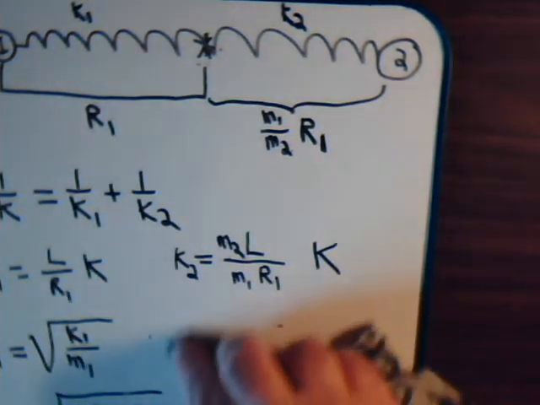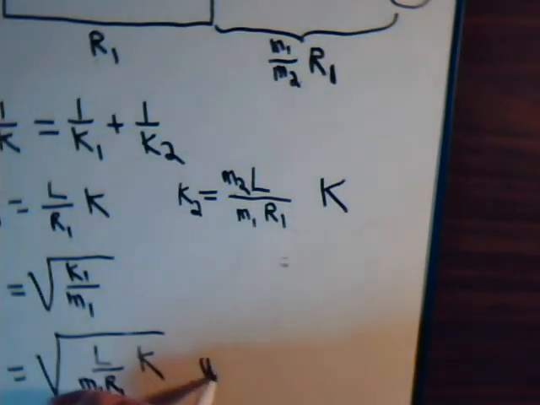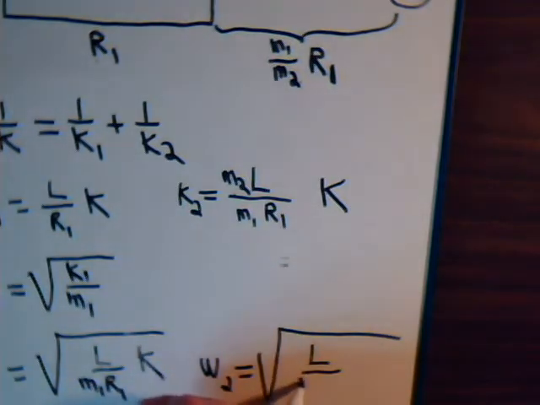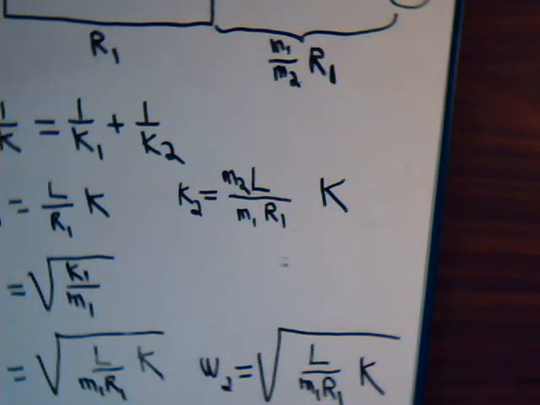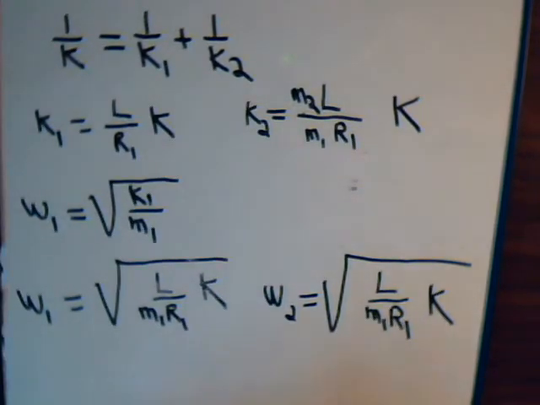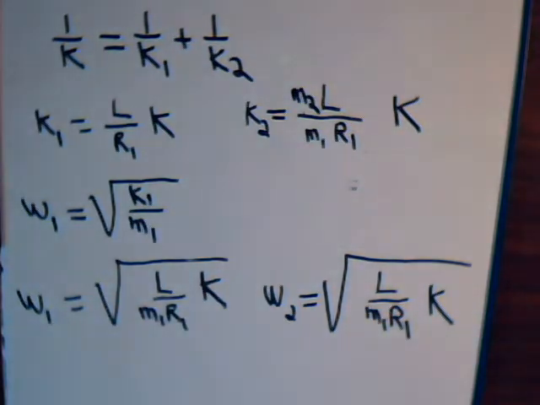So we can say that omega 2 equals the square root of L divided by M1 R1 times K. And that's exactly what we obtain for the first block. So we're saying that they oscillate back and forth with the same natural frequency.